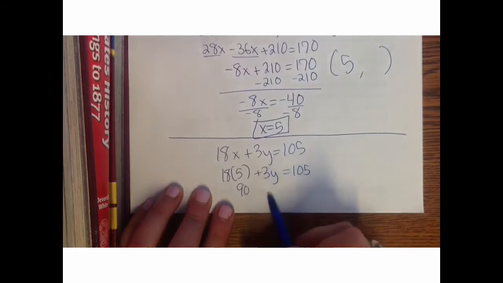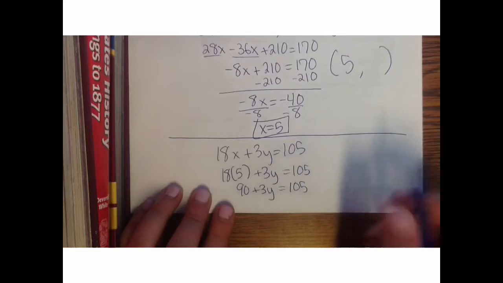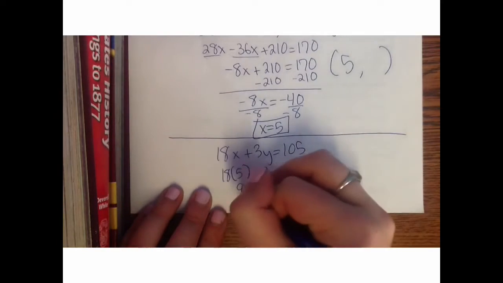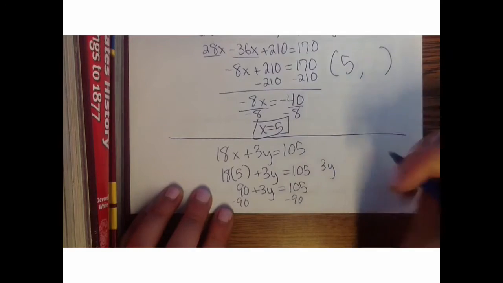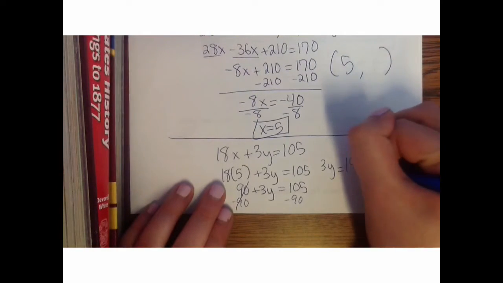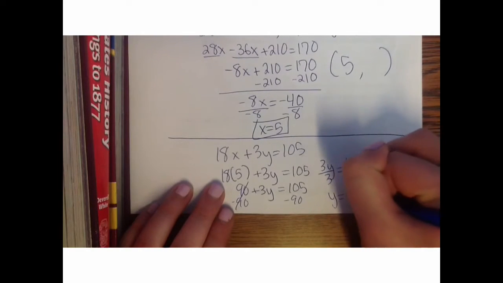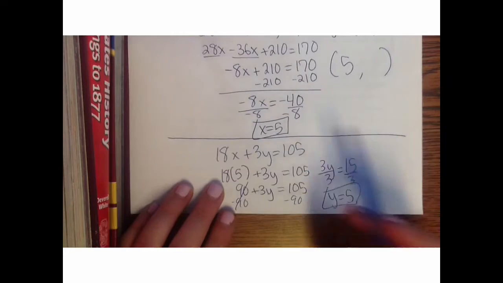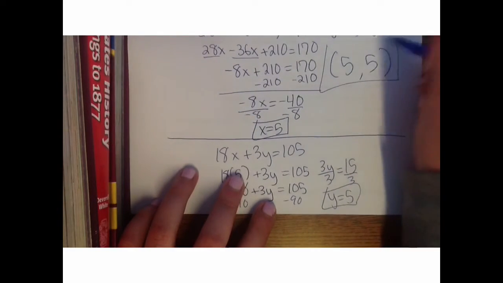I haven't used my 3y yet, so I'm going to bring that down, and my 105. Now this becomes really easy. Subtract 90 from both sides. I'm left with 3y equals 105 minus 90, which is 15. If you divide by 3, y equals 5. So now I have x equals 5, y equals 5. My solution here is (5, 5).